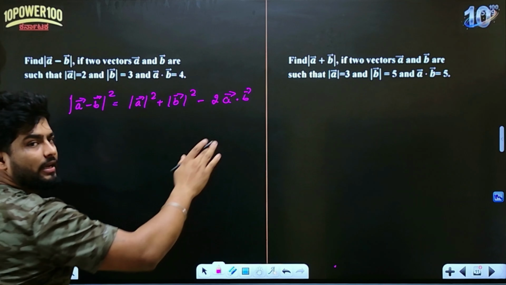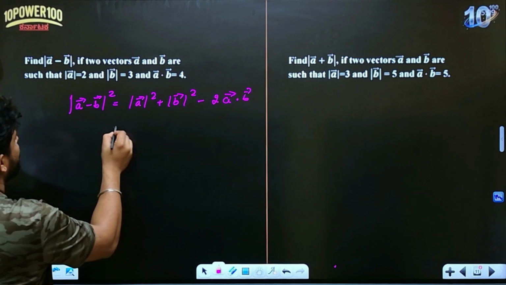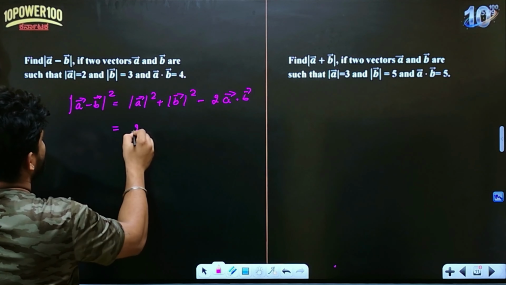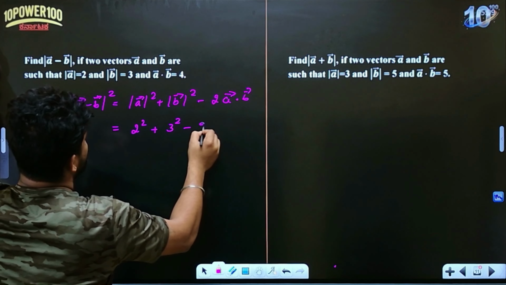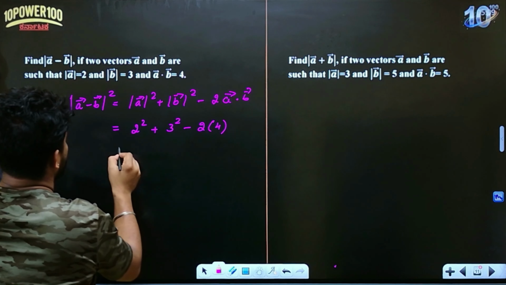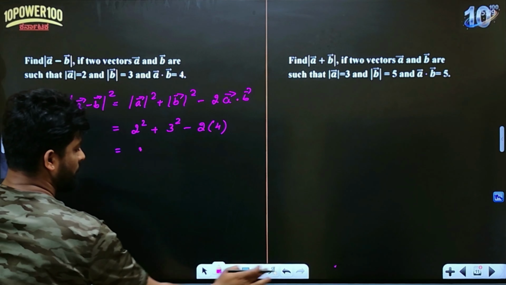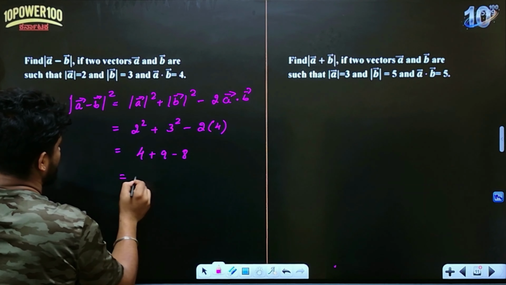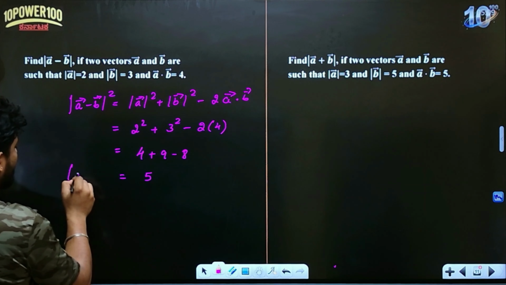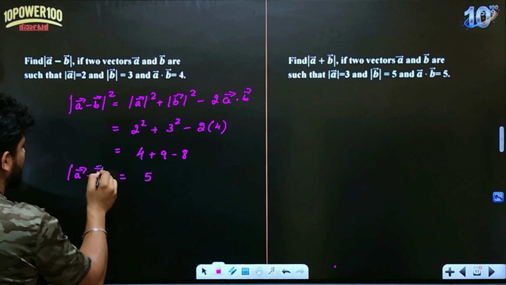Same identity. Magnitude of a is 2, so 2 square plus 3 square minus 2 into 4. So 2 square is 4, plus 9 minus 8, so 5. So this is magnitude of a minus b the whole square.